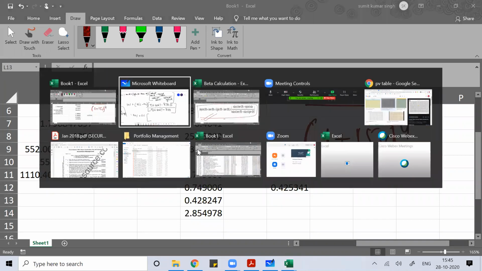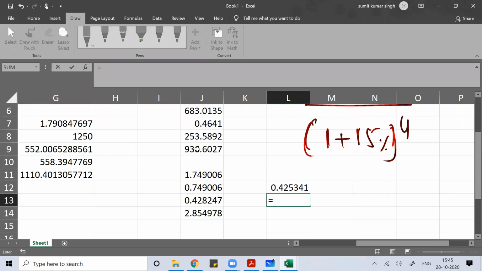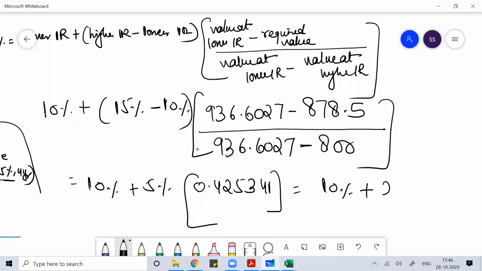This gives 0.425341, that is 10% plus, so you'll get around 2.12670. So your answer is 12.126704%. This is your answer.